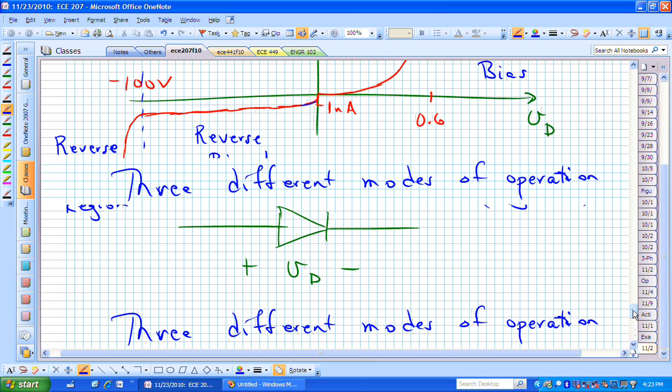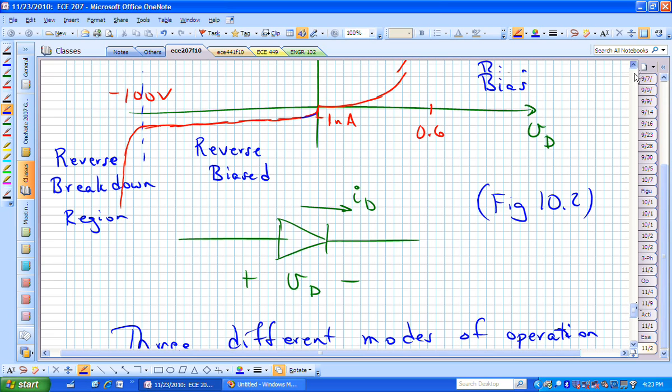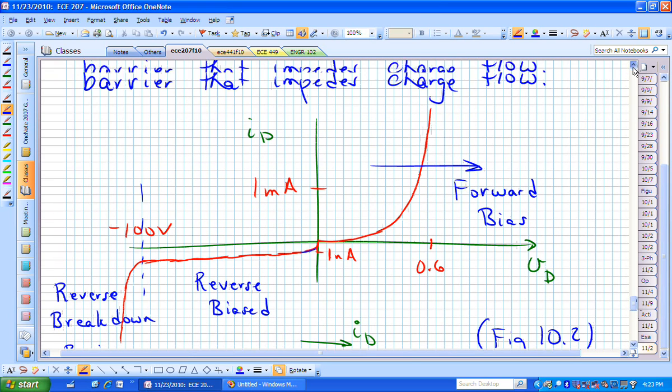This is, let's say, more realistic as far as behavior. I have 1 nanoamp flowing when it's reverse bias. What do you think I approximate that by in an ideal case? 0. I have a forward voltage of 0.6 volts when it's turned on.